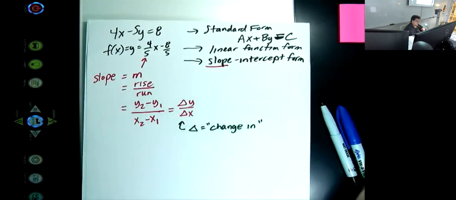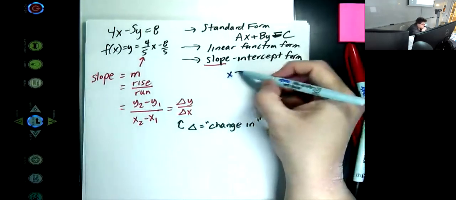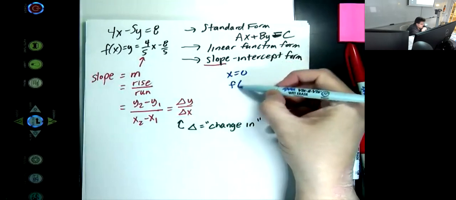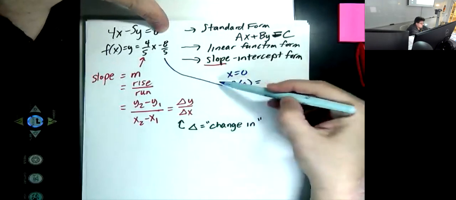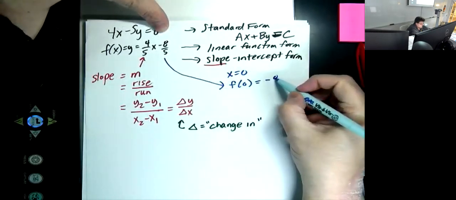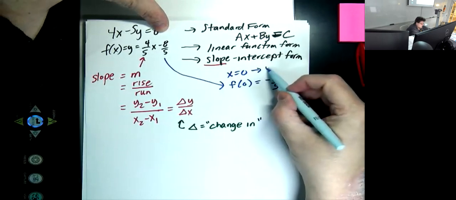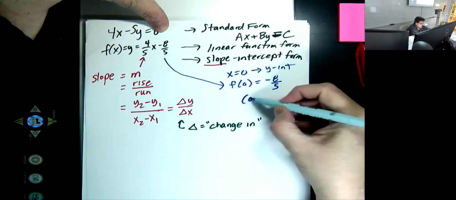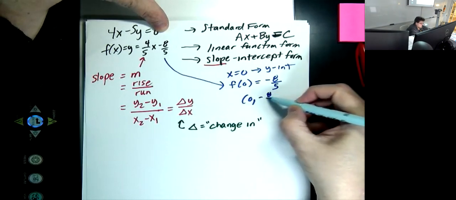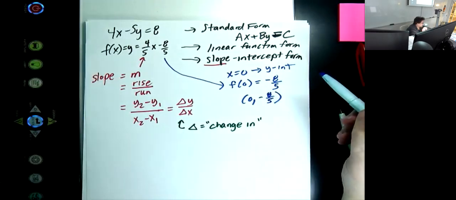If we let x equal 0, f of 0 just ends up being this value right here, the -8/5. When x equals 0, this is the y-intercept. So the y-intercept is at 0, comma, -8/5. Plugging in 0 is really easy. I don't have to do anything but just read the last number.